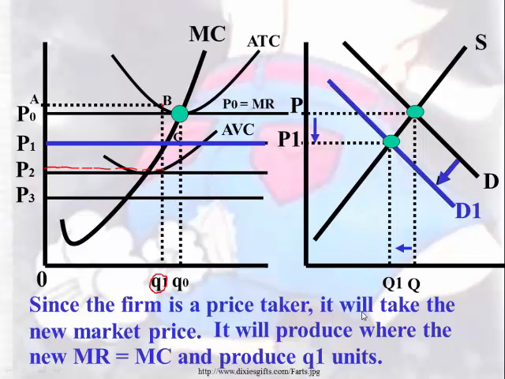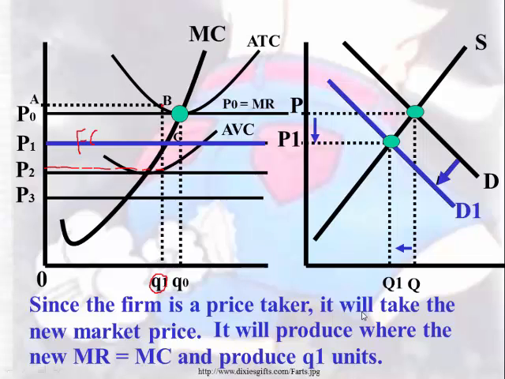If this is the average total cost of producing, then the total cost of production is this whole area right here. So this area at this dashed line up to A over to B back down to this dashed line is the fixed cost, the total fixed cost of production.